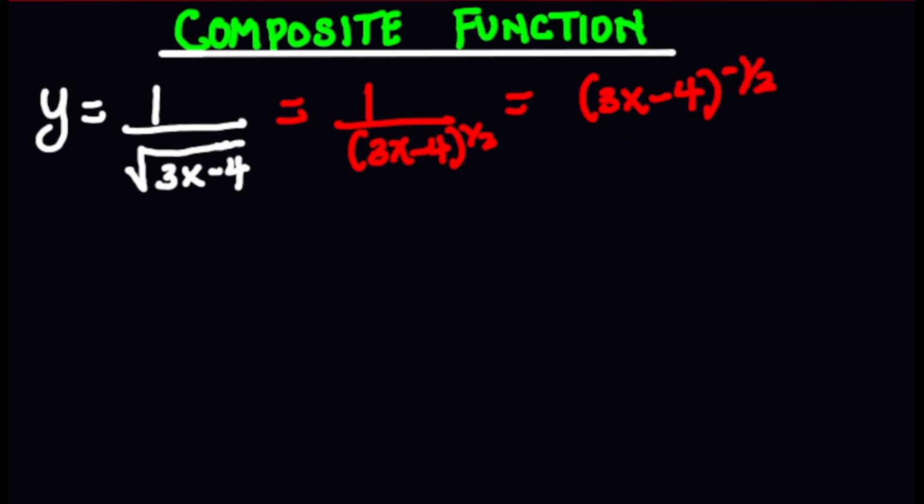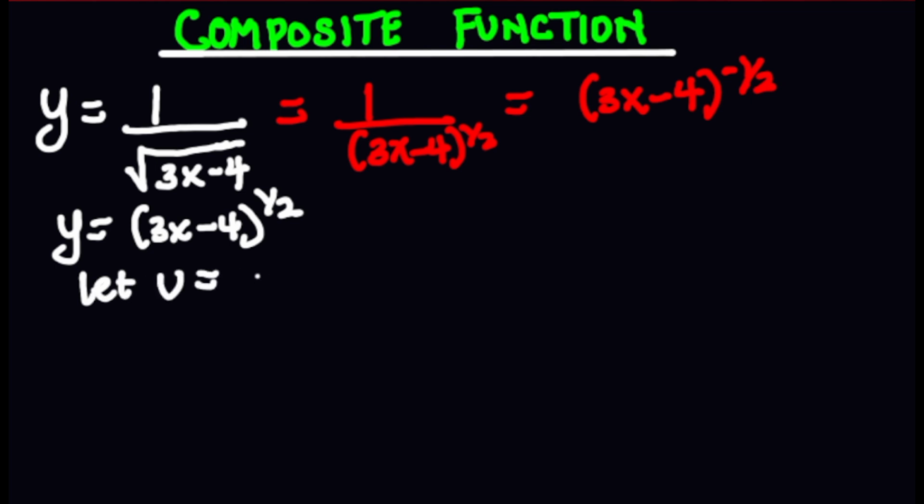Now, if you look at this very well, I'm going to use a composite function, because in this case, my y is equal to 3x minus 4 raised to the power of minus 1 over 2. So what I'm going to do now is say, let u represent 3x minus 4, right?